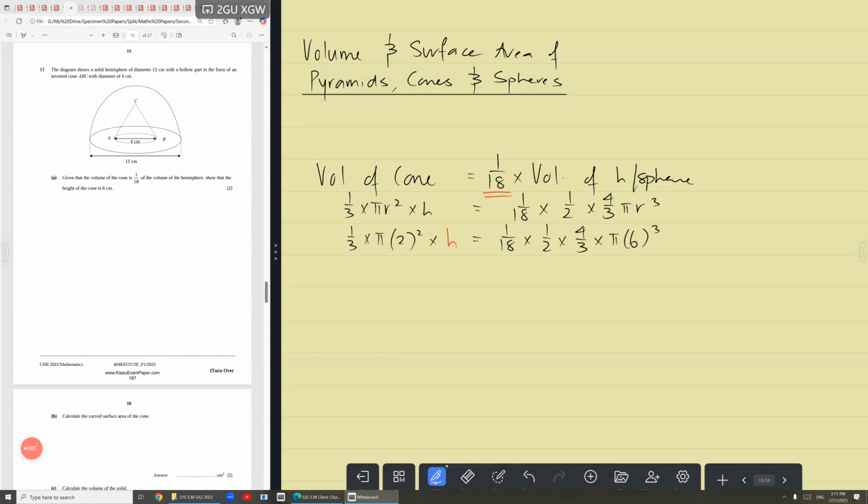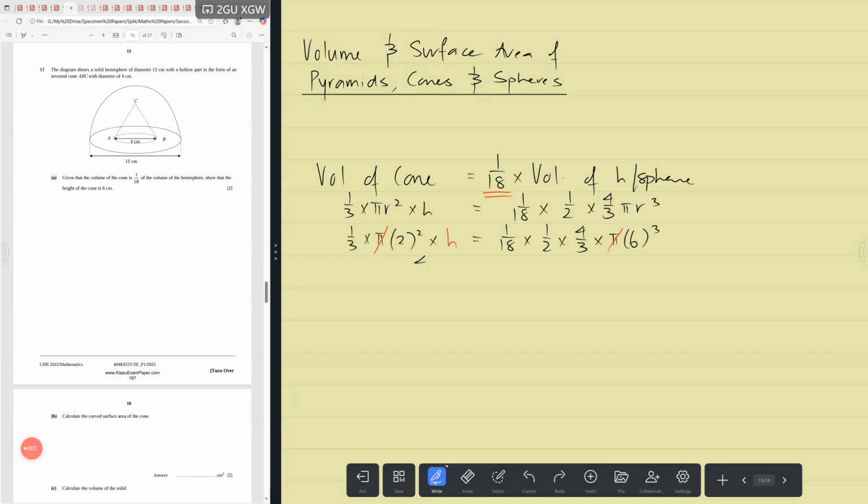So from here it is quite simple. We can just cancel off our pi, so we just deal with all these integers. Okay, so in this case we have 4/3 h equals to, we can simplify this, right? Divided by 2, and this is 2, this one equals 9 here.